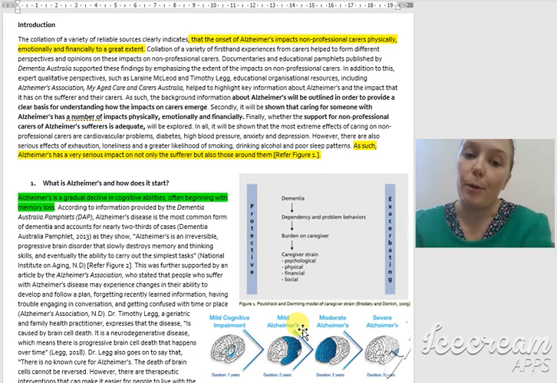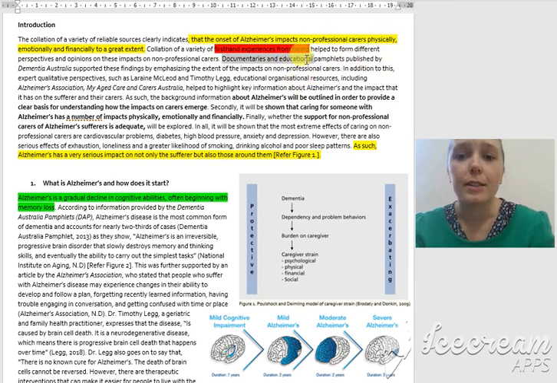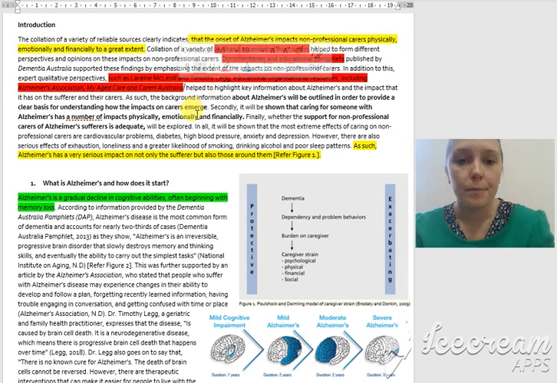S2 criteria as well. So for example, if we look at the source from before, we can see that this student used a range of different resources. We had things like the first-hand experiences from carers, we had documentaries and educational pamphlets, we had a range of different resources who are named specifically.